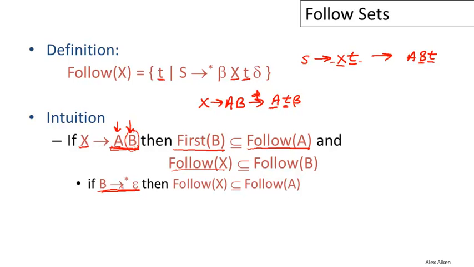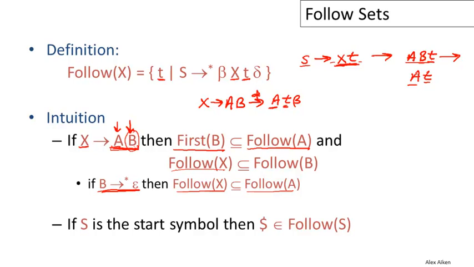So if B can go to epsilon, then it would also happen that the follow of X would be in the follow of A. Following up on our example, we start with the start symbol, we got to XT, in one step we got to ABT, and so T was in the follow of B. But now, B can go to epsilon, and so we can also get to AT, and therefore T is also in the follow of A.